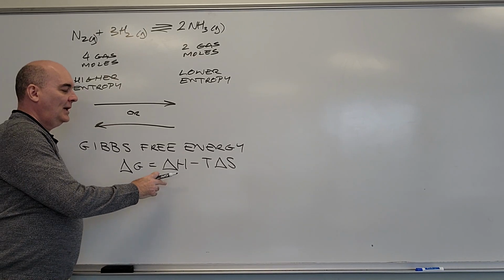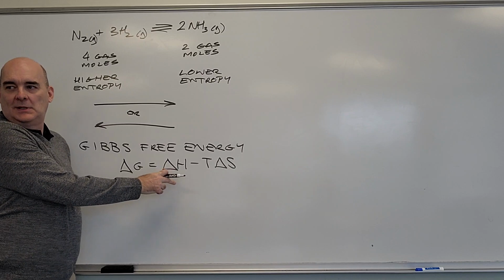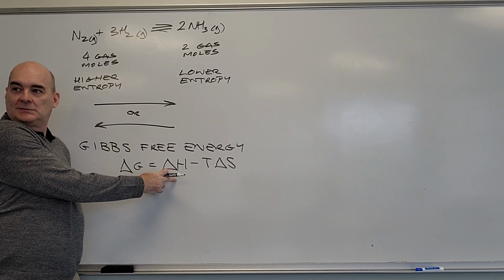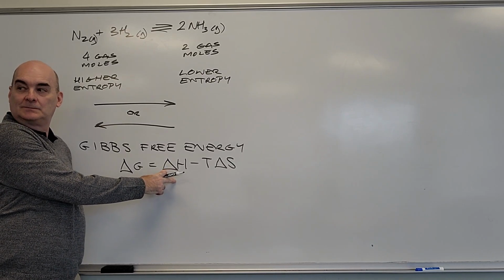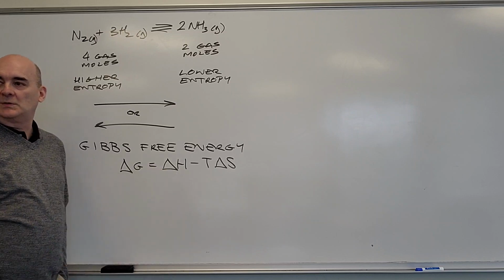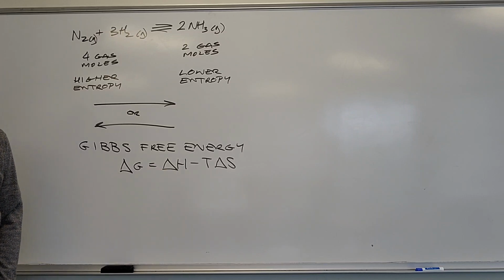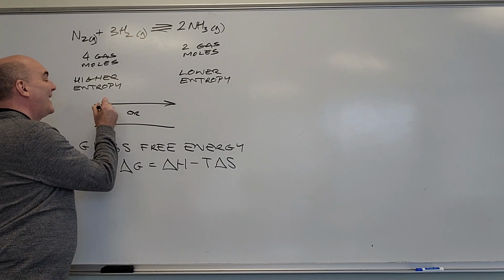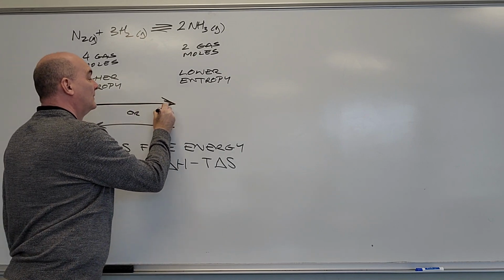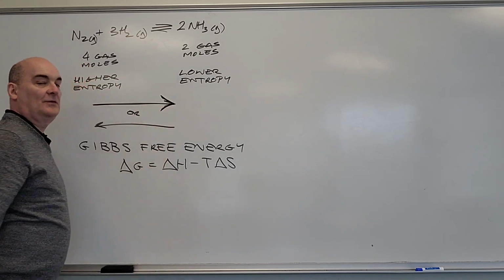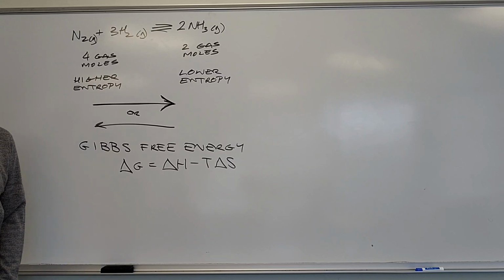Okay. Tell me everything I need to know about enthalpy in 1 sentence, maybe 2. What do its values look like? Positive or negative? Which ones are most likely to go that way? Negative.